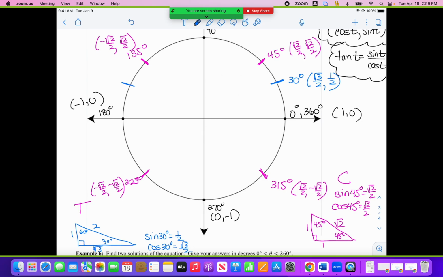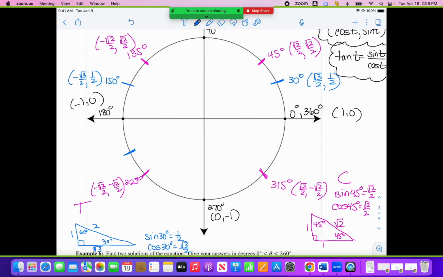In the second quadrant, if I'm 30 degrees away, that's 150. Well, cosine is negative there, so it's negative square root 3 over 2, and sine is positive 1/2. Because it's the same as sine 30 and cosine 30, as long as you take care of all students take calculus.